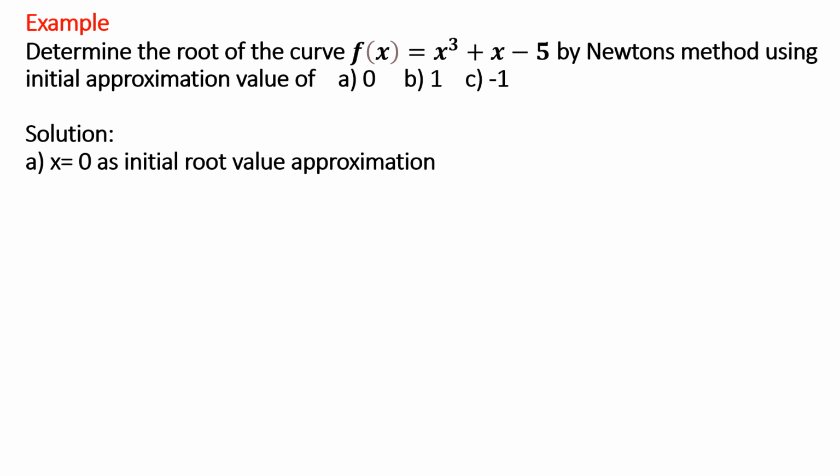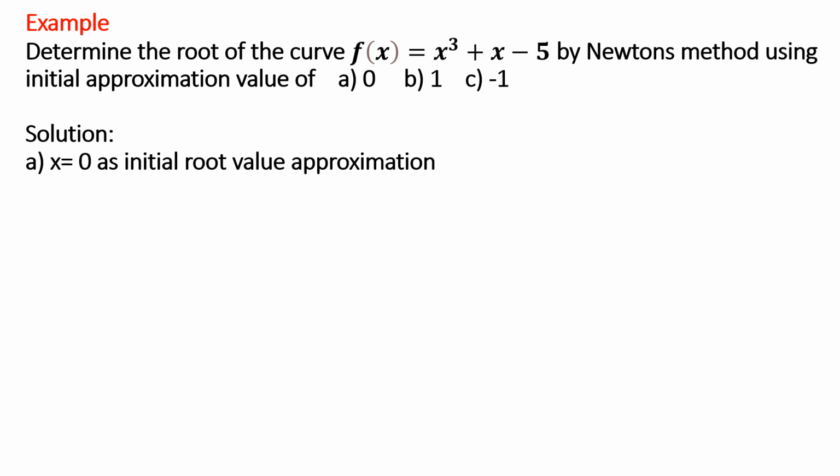So these are the approximation values to be used in finding the roots of this curve f of x. So as letter A, x equals 0 as the initial root approximation.